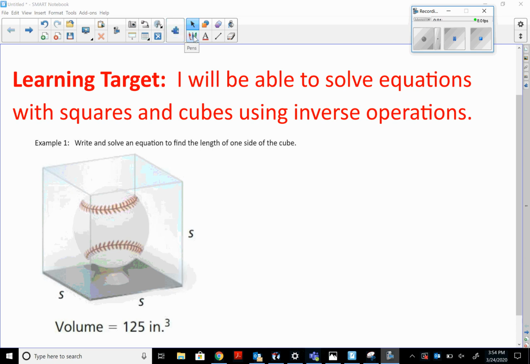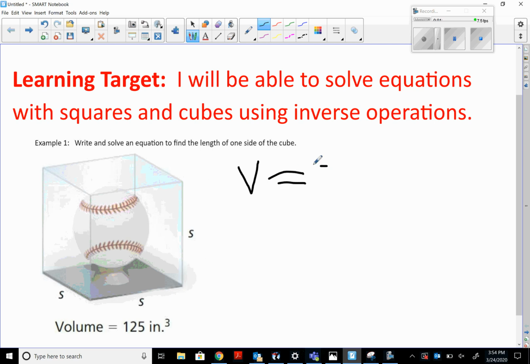So first of all, we need to review what the area, excuse me, not area, the volume formula is for a cube. I know we did some of these before spring break, but if you recall, we know that volume of a cube is equal to side to the third power, or side times side times side.